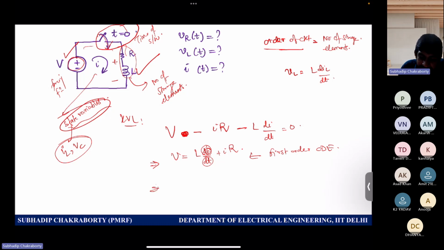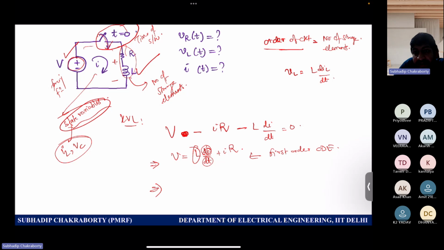But to solve the ODE, the coefficient of the differentiation term needs to be first eliminated. So you divide by L. These are basic mathematical tools for solving ODEs. You can see that, okay? And then the rule says to multiply with what? Anyone? I think you must know the basic skills.